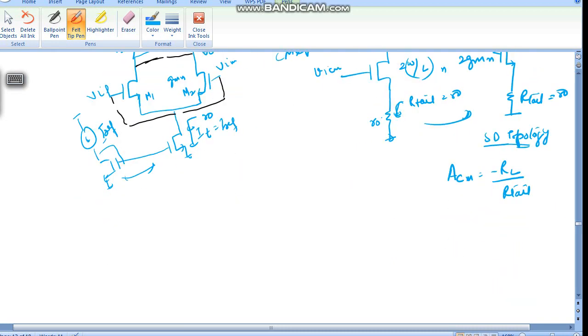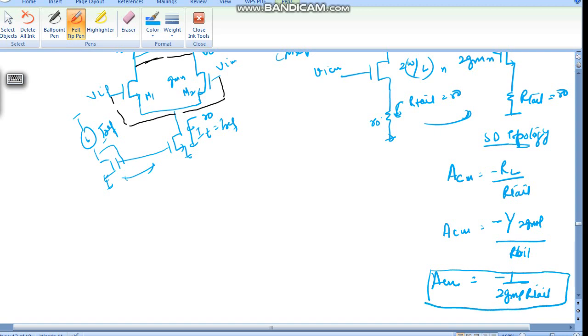So here we can say ACM equals minus 1 by 2 GMP divided by R tail, so this will be minus 1 by 2 GMP R tail. So this is ACM, or we can write ACM equals minus 2 GMP RO.